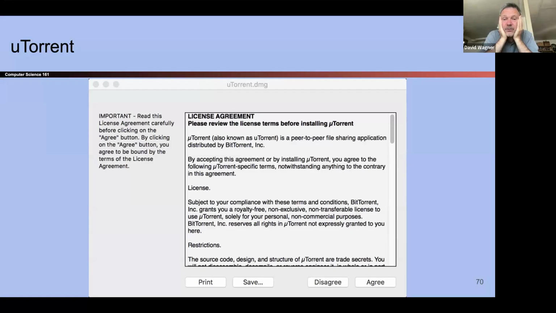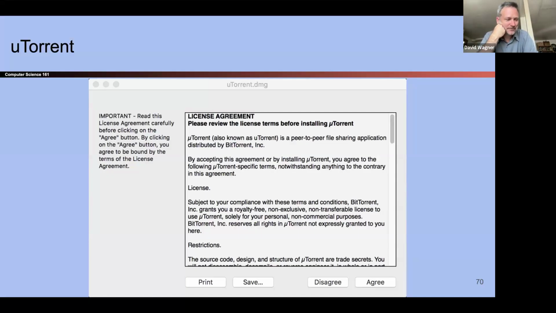Other people who had installed this application could share music files that they have with others on the internet, and I could go search for other people who'd shared some song and download it from them. Totally a massive violation of copyright. I'm sharing all my music with the whole rest of the world, or I'm downloading music that other people have shared. But that was the premise behind this software. What this would do is go search for available stuff on the internet and download it to my machine.